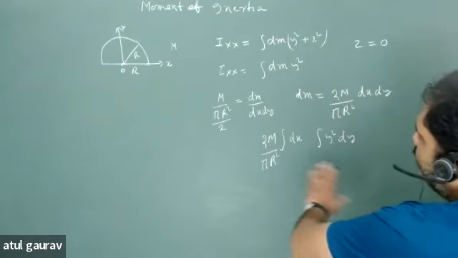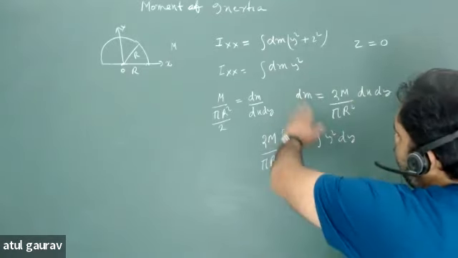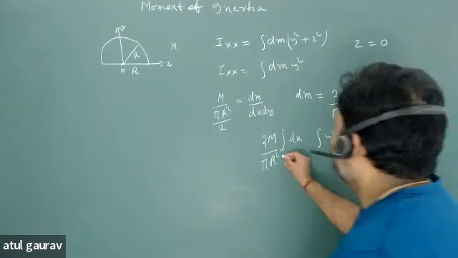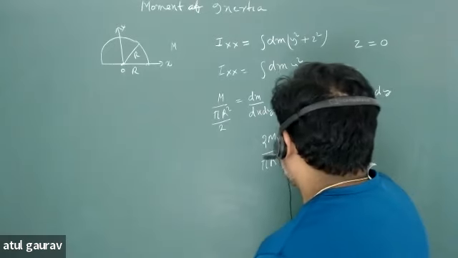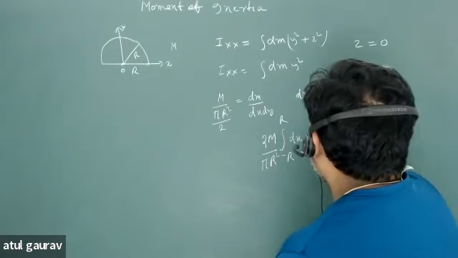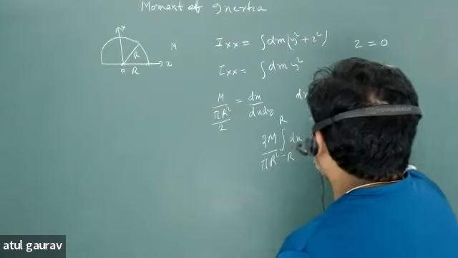Now can anyone tell me from where to where this dx will go and how y will go? Sir, dx will go from minus r to plus r, and y will go from 0 to root under r. That is very good. So x will go from minus r to plus r and y will go from 0 to root under r square minus x square, isn't it?